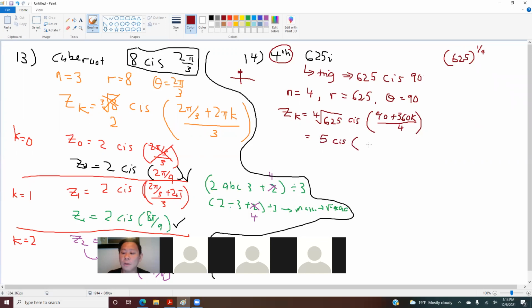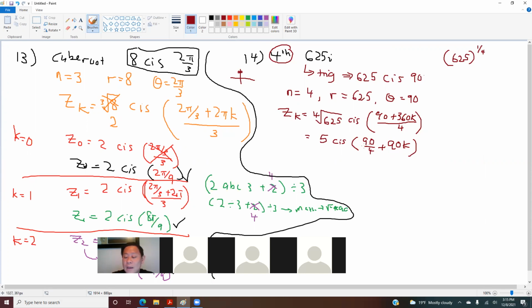And you can reduce this. This is 90 over 4 plus 90k. So what we're doing here is I take 90 divided by 4, and I take 360k divided by 4. I got 90k.